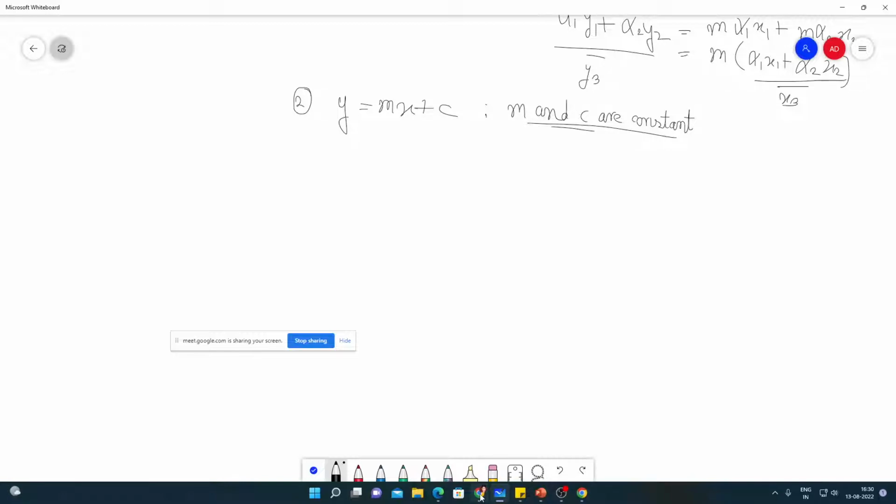Those two are not equal. Exactly. So it doesn't satisfy the property of homogeneity, and hence it doesn't satisfy linearity. It is not a linear system. Absolutely correct. So this is not a linear system.